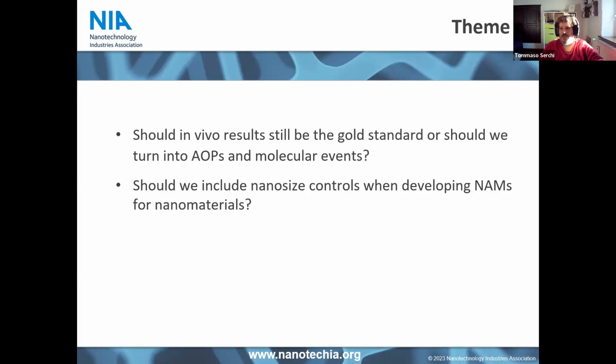If a system is robust, then we don't necessarily need nano-size controls. We need them because we're asked to get them. You go and you're asked to test the nanomaterials, and they ask you, have you used the nano control? It's better if you have, because otherwise you have to answer no, and then you have to go back again. So it's more a matter of mentality and lack of trust in the methods, from my point of view. Yeah, thank you, Tommaso.